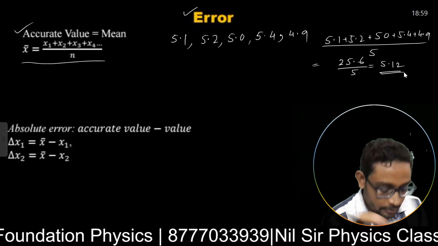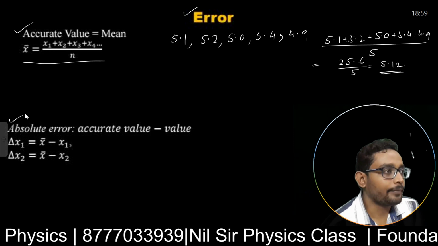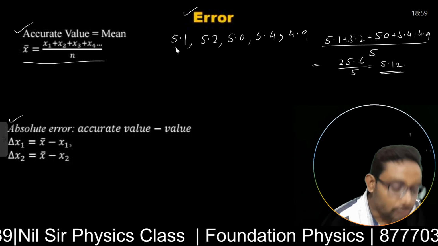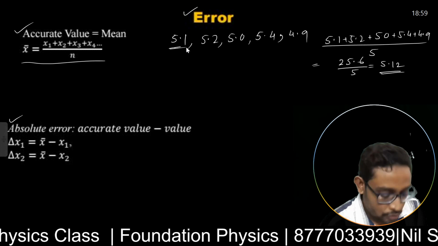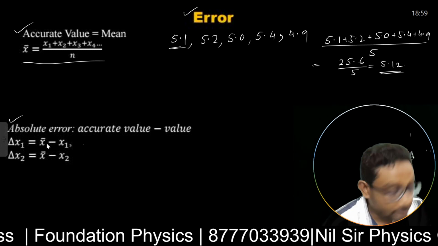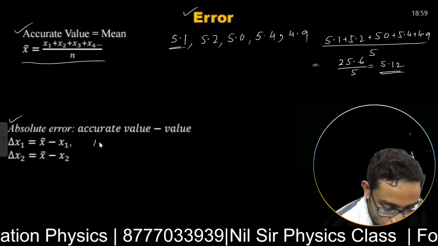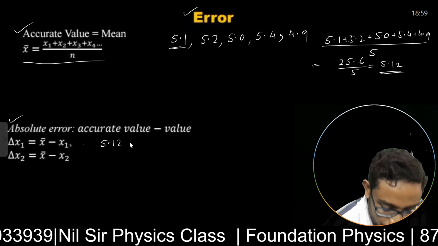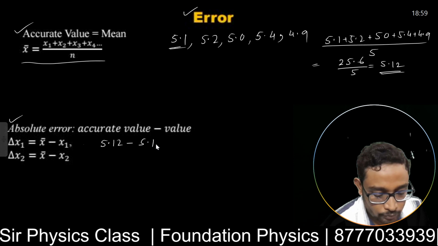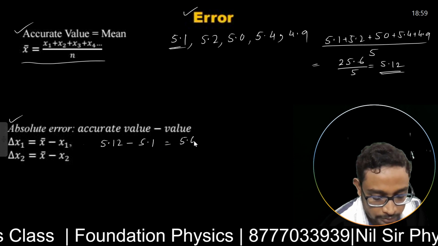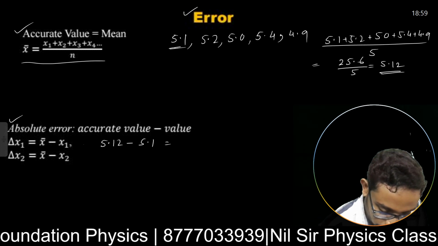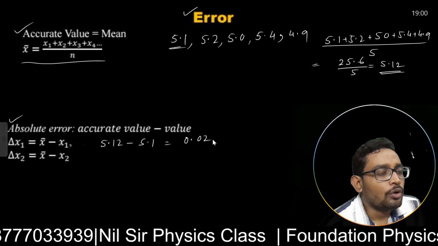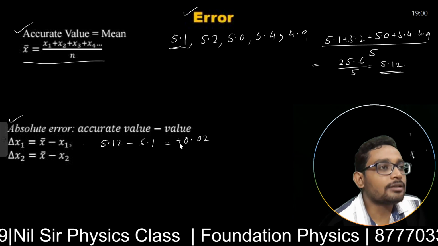Okay, now what is the absolute error? So in this measurement, this is your first measurement. So what will be your error here? It is the accurate value minus the observed value. That is 5.12 minus 5.1, which is the error.